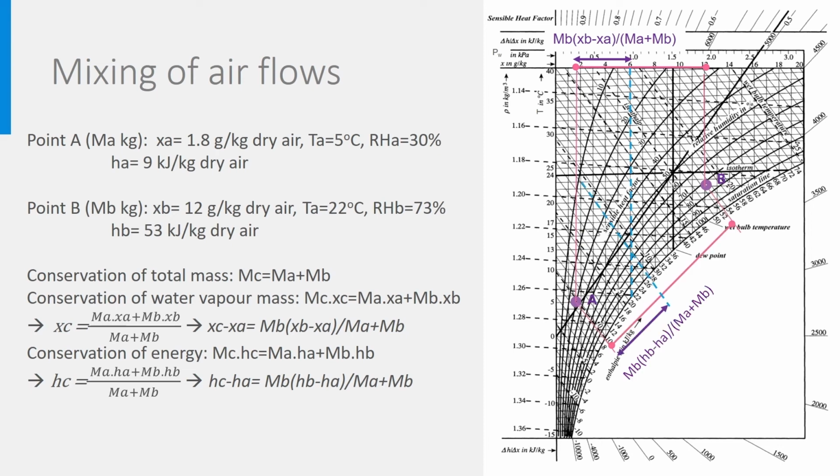Point C is located at the intersection of both. Here, therefore, which, as you can observe, is located also at the barycenter of the line between A and B. If MB equals 0, point C is in point A, of course. If MA equals MB, point C is in the middle of the line. If MA equals 0, point C is point B.